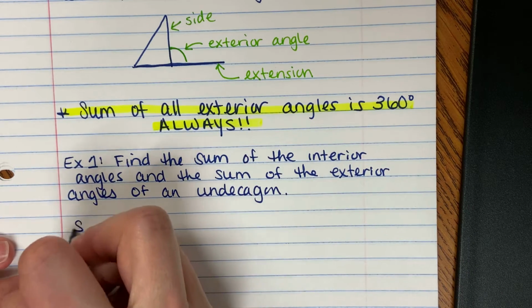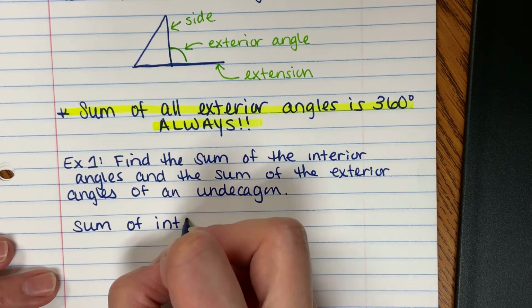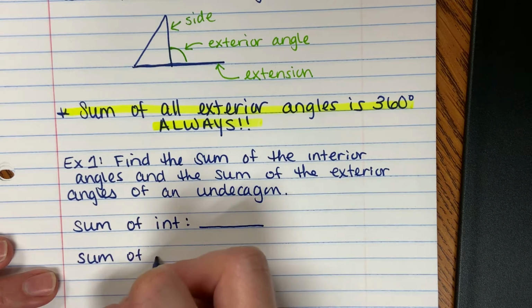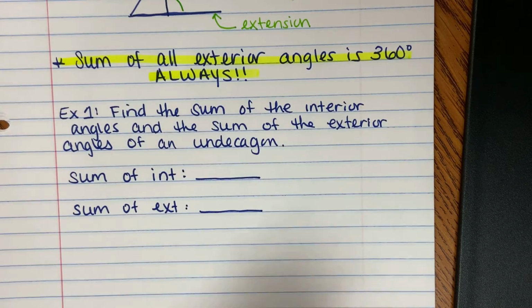So we'll do sum of interior. I'm going to abbreviate interior. I hope that's okay. And sum of exterior. I'm going to abbreviate that as well.